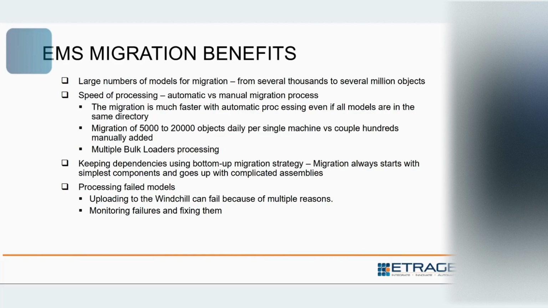The next benefit is that we keep dependencies using a bottom-up migration strategy. That means that migration always starts with the simplest components and goes up to complicated sub-assemblies and assemblies and then to drawings.